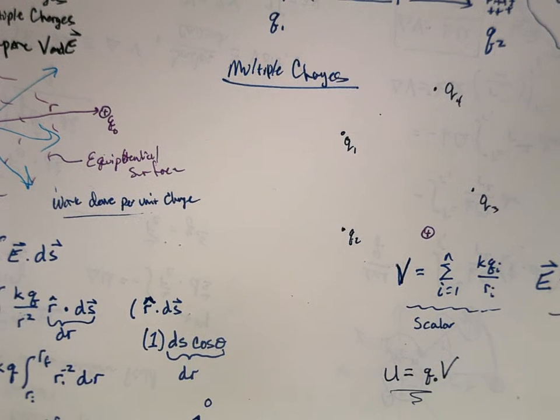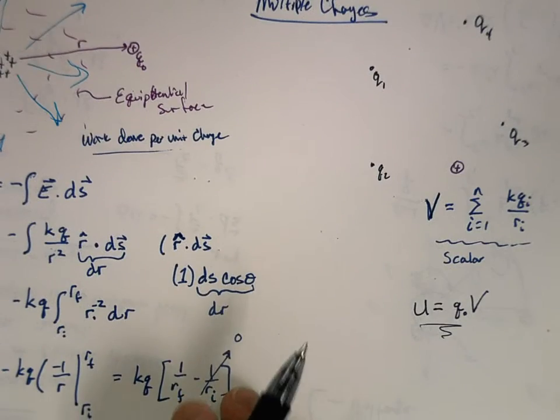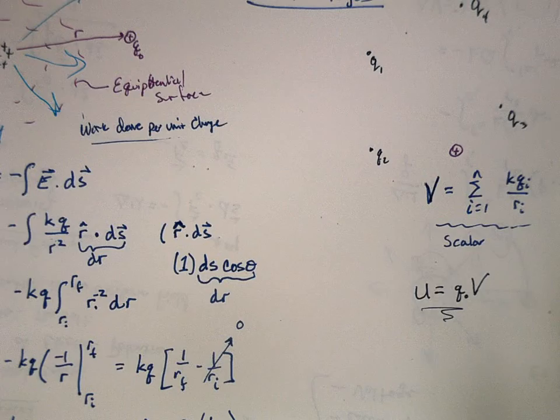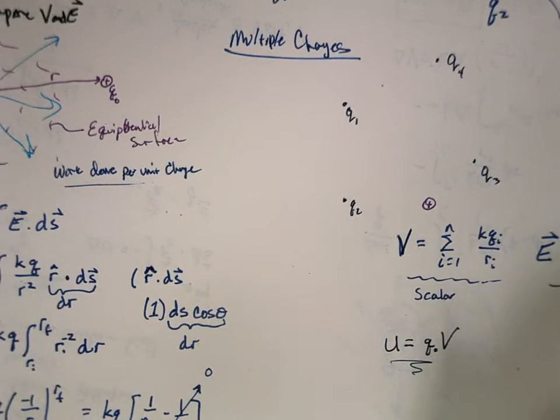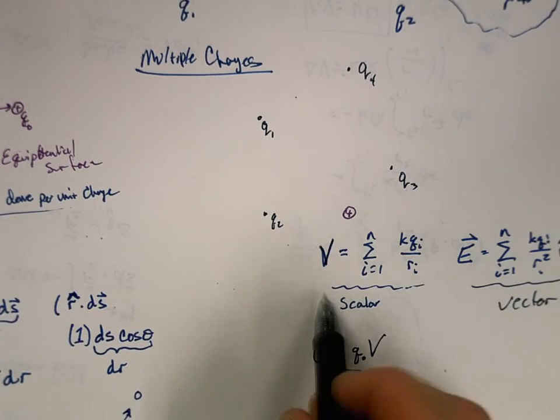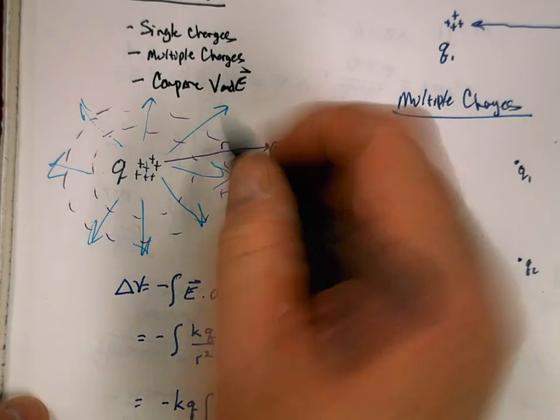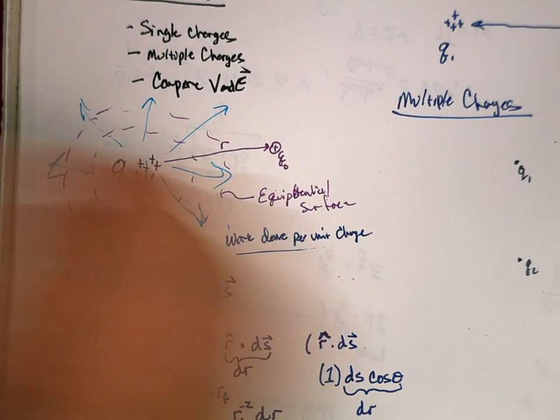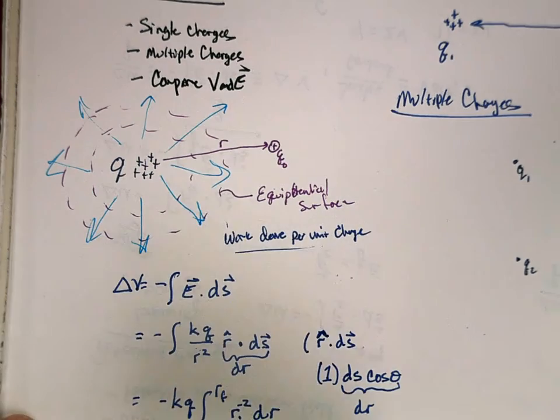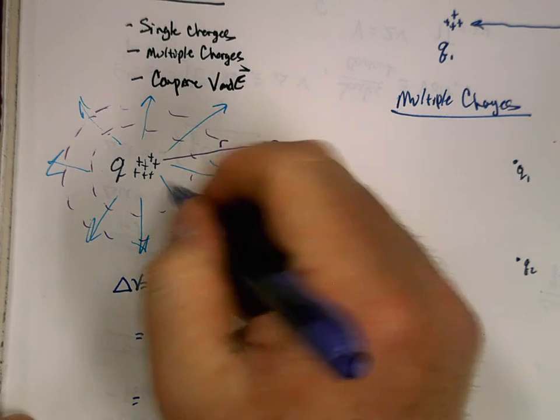Question? Can you explain one more time the equipotential surface? Yes. Because voltage is a scalar, it doesn't matter where we are along this line right here.